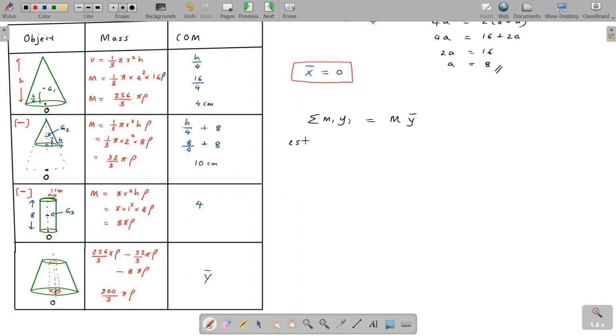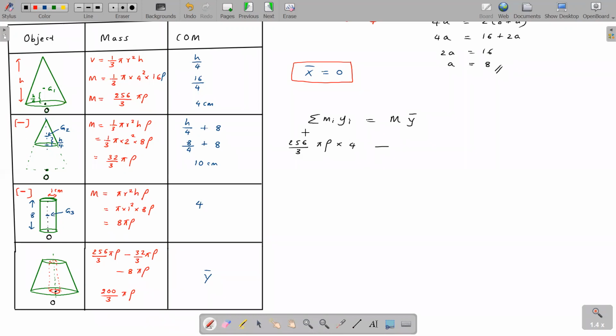First mass is 256 over 3 pi rho, multiplied by the center of mass, that's 4. Can you see, guys? I'm multiplying this pair, the mass and the center of mass. The next pair, even though we are supposed to add, you can see that's why I have used a negative sign here, because we are removing it. So when you're removing it, make sure you give the minus mark in the middle, not an addition.